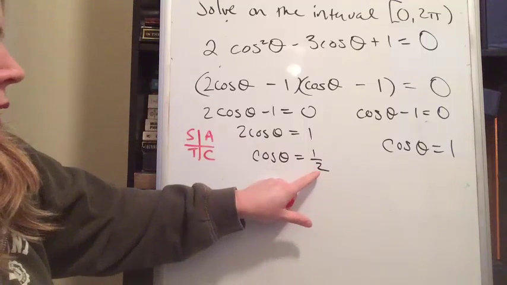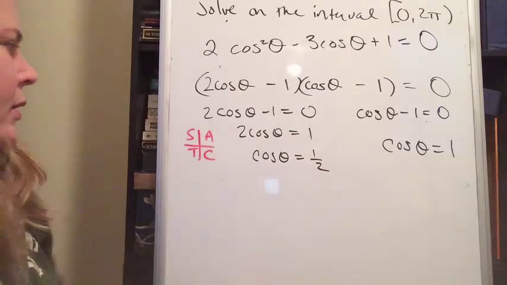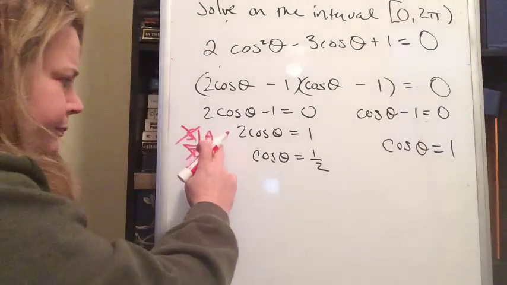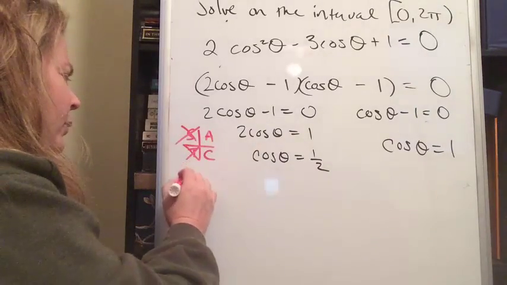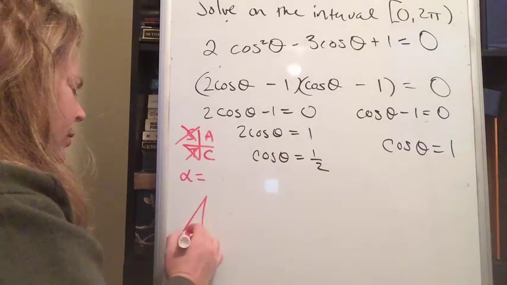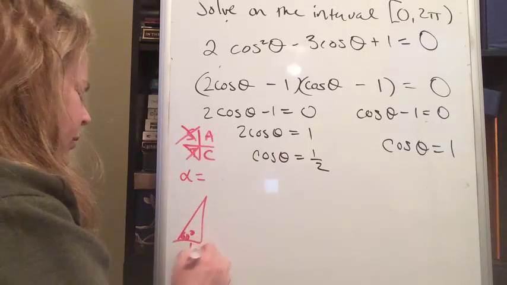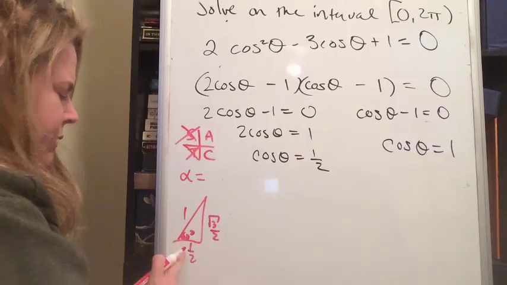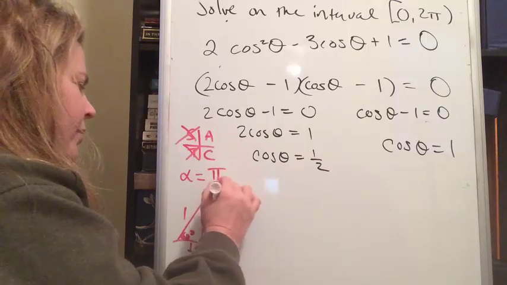When is cosine positive? Well, not quadrant 2 and not quadrant 3. So I'm looking at quadrants 1 and 4. And what is the reference angle? It looks like it is 60 degrees. Adjacent to a half is 60 degrees. So this would be pi over 3.